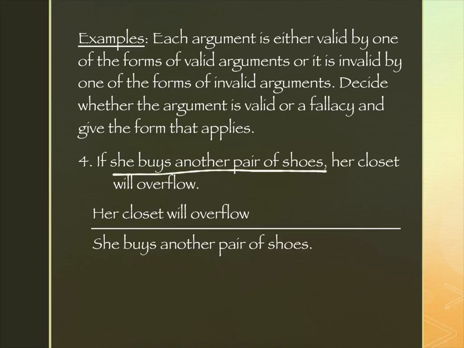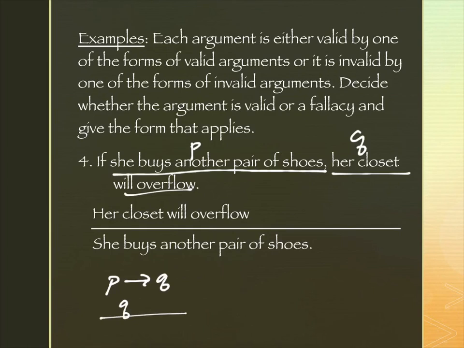So the first statement is, she buys another pair of shoes, and her second statement is, her closet will overflow. So the first one is P implies Q. What's our second statement? Her closet will overflow. So it's just Q, right? What goes underneath it?